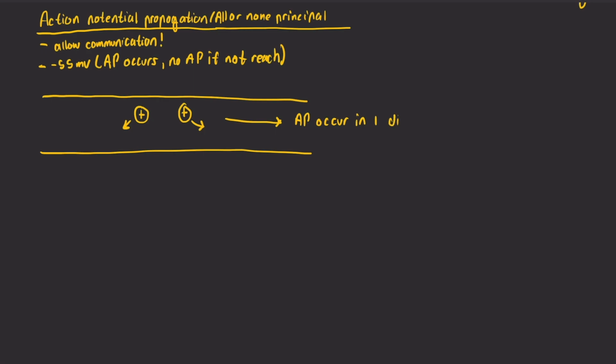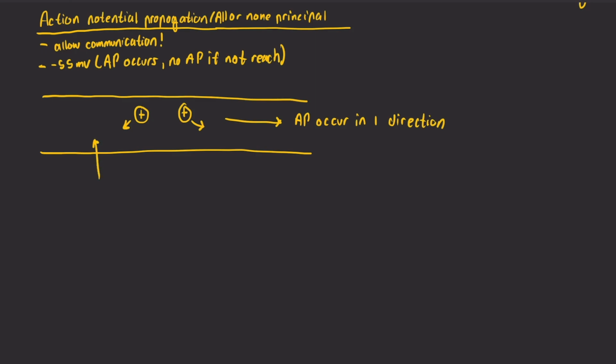The reason for this is that this side, where the action potential has not occurred or has already occurred, is in what we would refer to as an absolute refractory period.